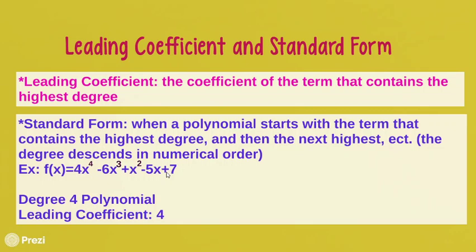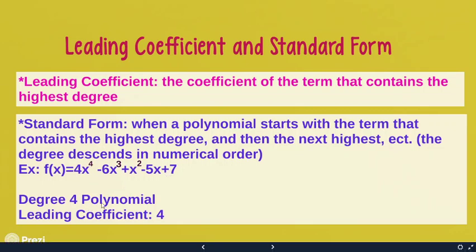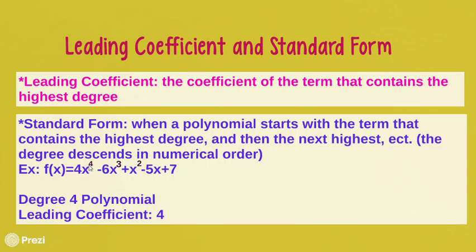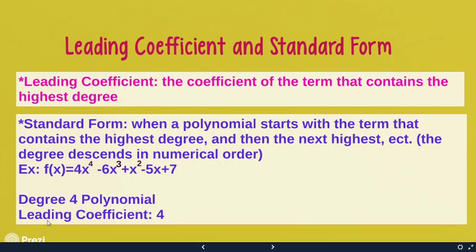So when you line up the terms in order from highest degree to lowest degree, your polynomial is in standard form. Like this one, it's a degree 4 polynomial because when it's in standard form, the highest exponent is at the front. So it's really easy to find. So this is degree 4. And also when you're in standard form, the leading coefficient is in front. It's the number that's in front of all the rest of the terms.